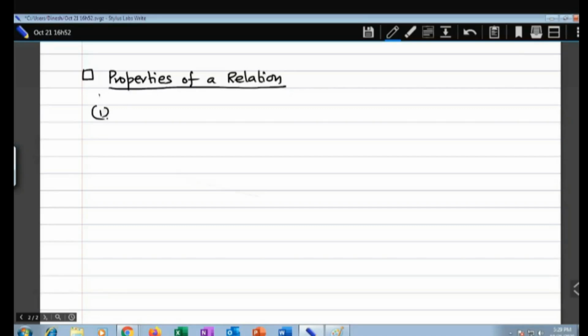The first property is the reflexive property, or what is called a reflexive relation. What do you mean by a reflexive relation?